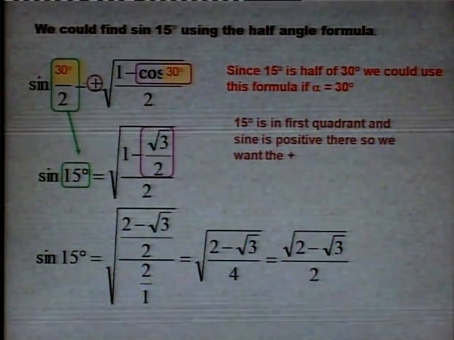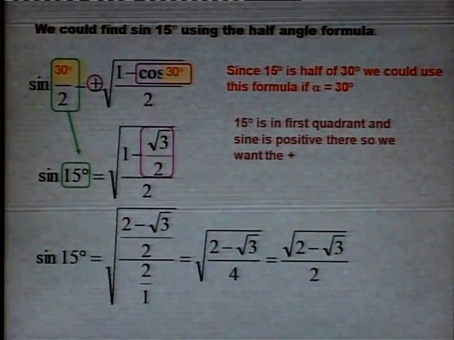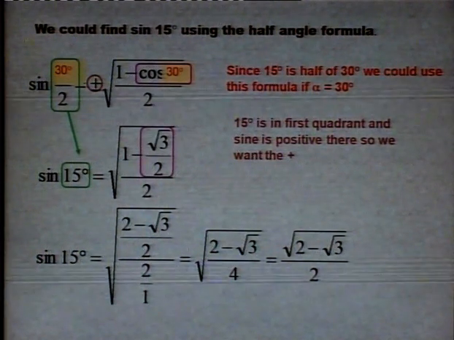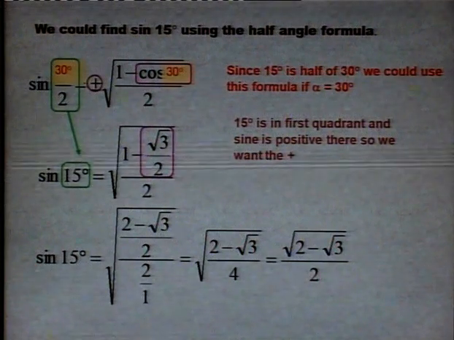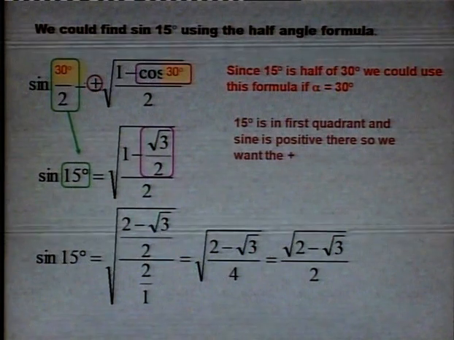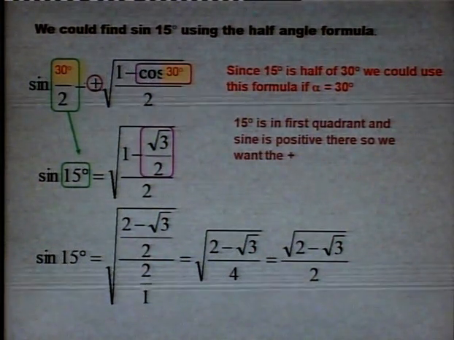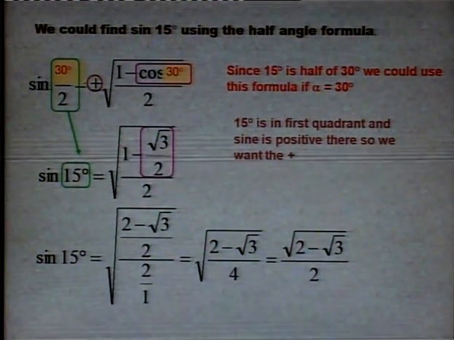The first is sin alpha by 2 is plus minus square root of 1 minus cos alpha upon 2. So in this case I am choosing alpha as 30 degree. So 15 degree will be the half of alpha, and I have shown it with the help of this arrow. Because 15 degree is in the first quadrant, sine is positive, therefore we have ignored the minus sign.